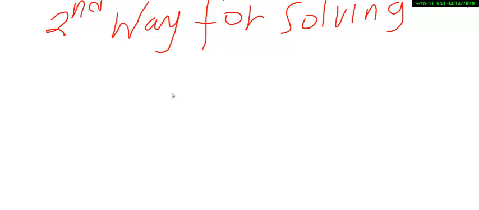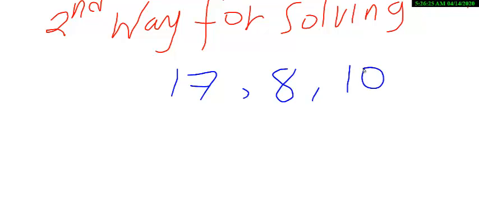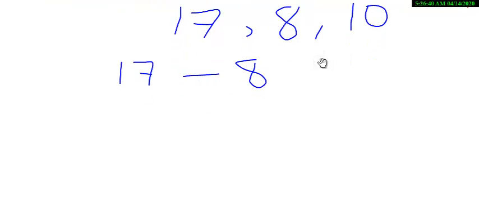The sides are 17, 8, 10. I have to pick the largest and the smallest sides, which are 17 and 8, and the middle side, which is 10, should be in the middle.